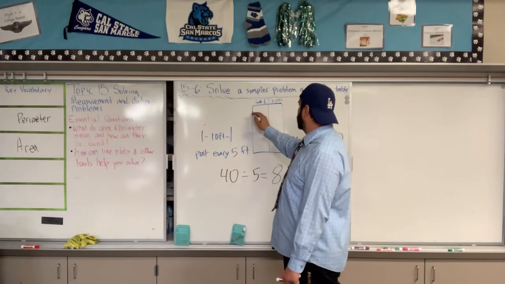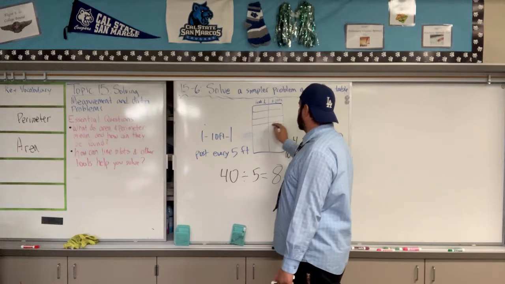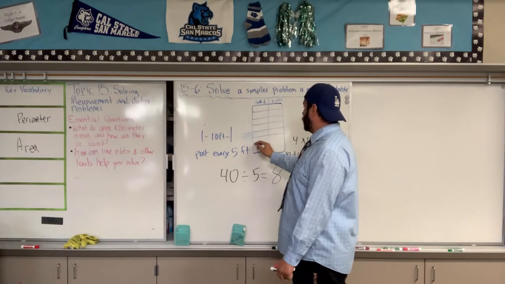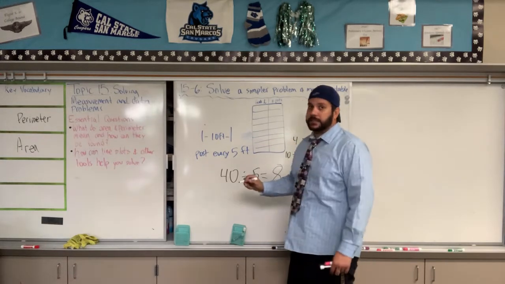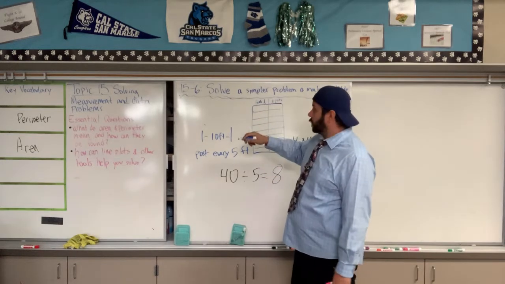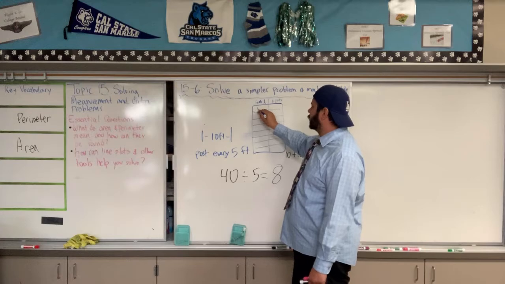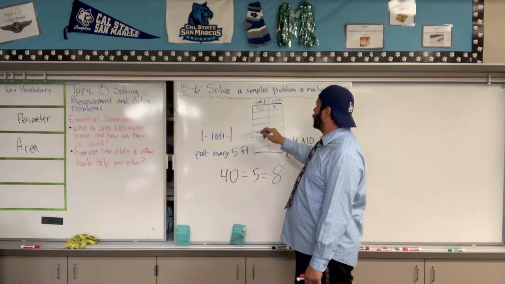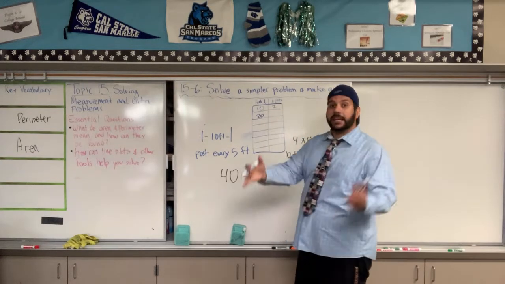Okay. I'm just going to go along. Didn't think I'd get to use all my drawing skills today. That's all right. So I'm going to go in 10 feet intervals. So 10 gives me 2 posts, 20, 4, because each section is 10 feet.